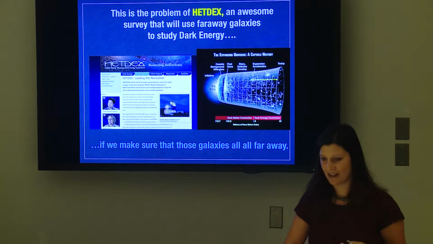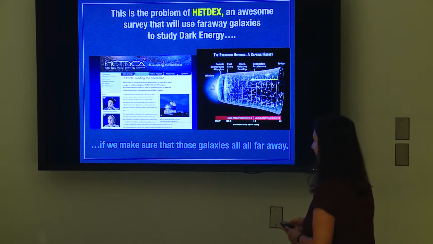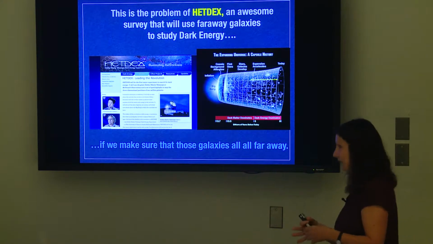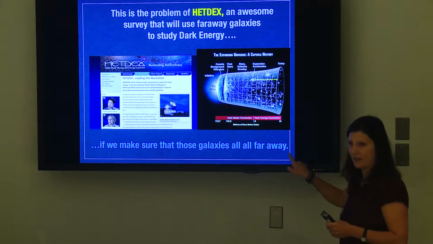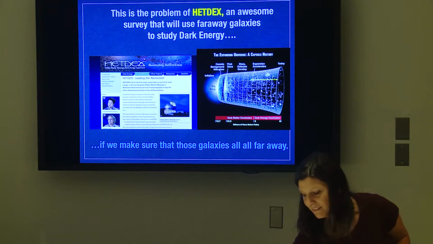But you can imagine that it's really crucial that all the galaxies that we are selecting in our survey are the ones that are far away.